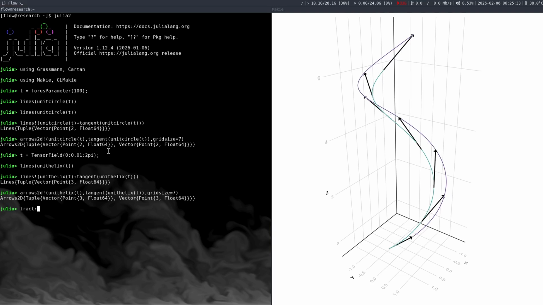We can define any kind of curve. For example, the tractrix.